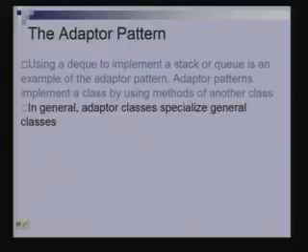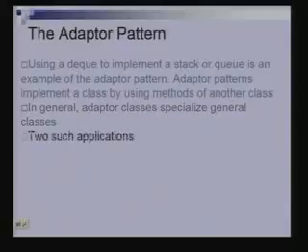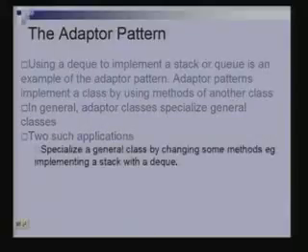In general, adapter classes would specialize general classes, and we can have applications of this. One application would be, as we just saw, we can implement by changing some methods. We can implement, for instance, a stack using a double-ended queue.